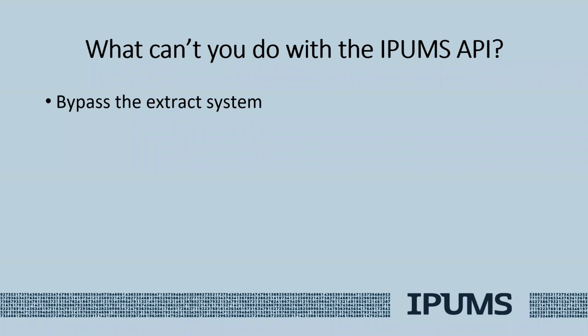So you do still have to wait for that system to process and prepare your file for download. There isn't currently metadata access via API, at least not for the microdata collections. So that means if you want to explore what data are available, you still need to do that using the website.